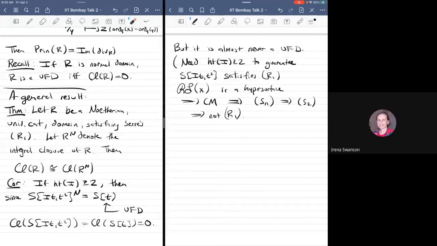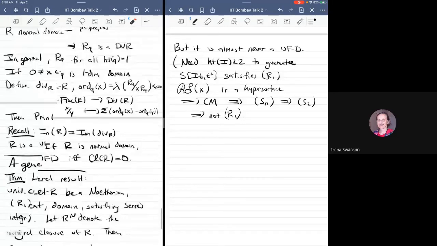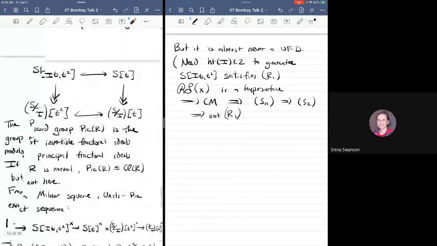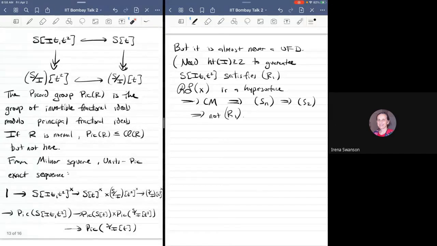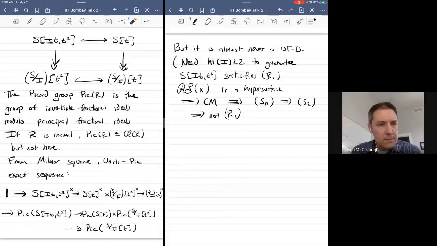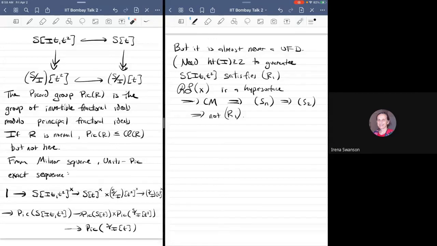I have a question. Sure. Hi, Rena. So in that Milnor square, what is the leftmost vertical map? Where does I T map? This one? Yes. So it maps to 0. Okay, thank you.